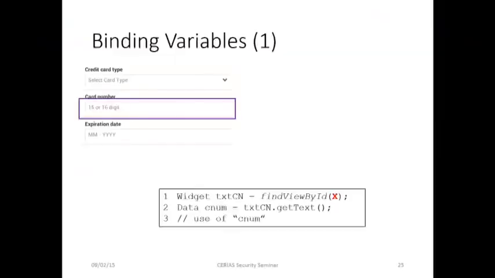The next step is we try to bind the sensitive input fields to the variables in the code. We know that these input fields are sensitive, but we need to know the locations of the references in the code to enable some disclosure analysis or some vulnerability analysis. So the next step is binding the variables to the code.